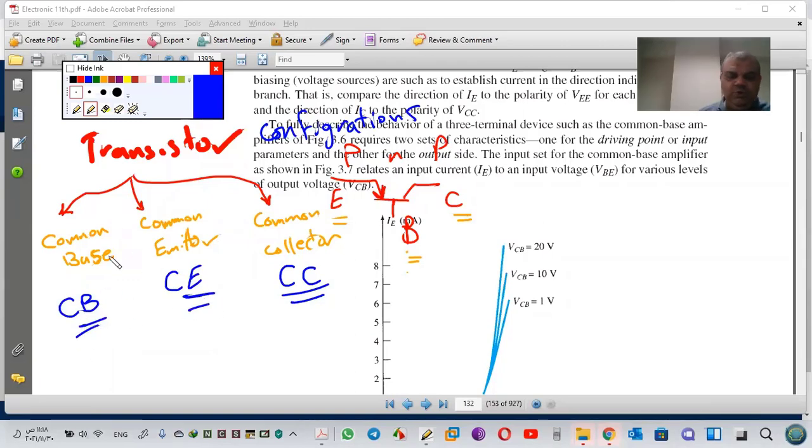Usually, if you want to study the transistor, the main model to understand the concept of the transistor is common base.